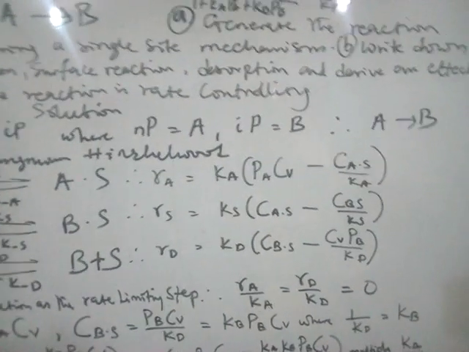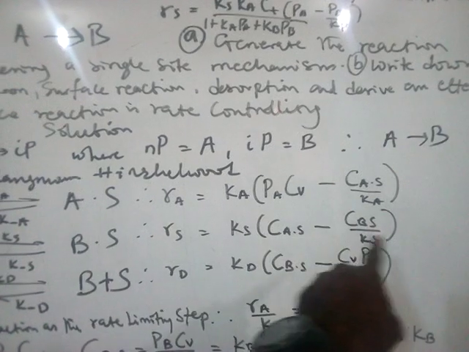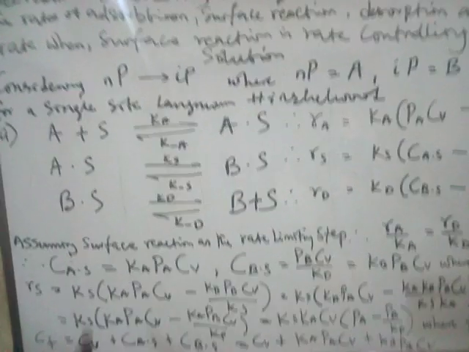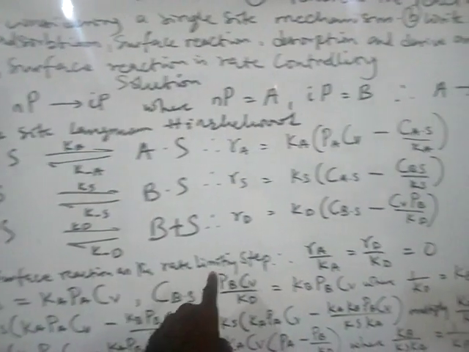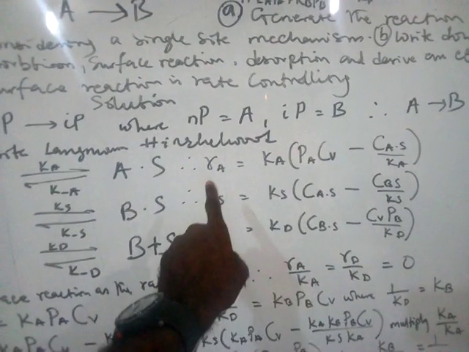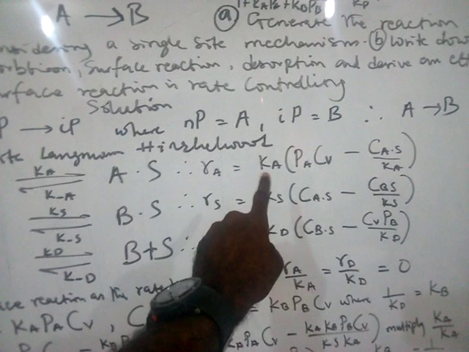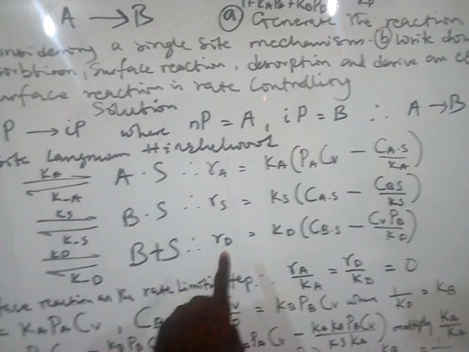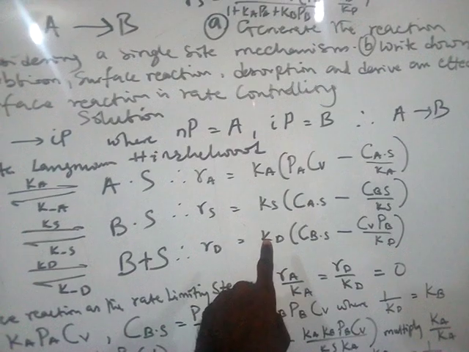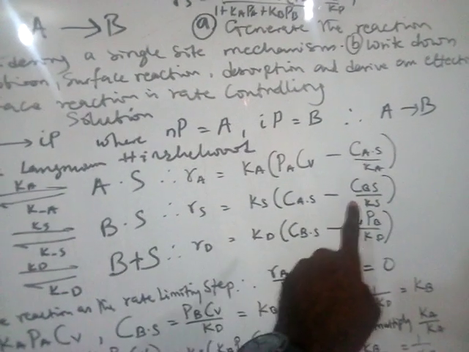Now, we are told that the surface reaction, the middle one, is the rate determining step. Assuming that the surface reaction is the rate determining step, you're going to have that RA over Ka is equal to 0. Also, RD over Kd will be equal to 0, since this is the rate determining step.